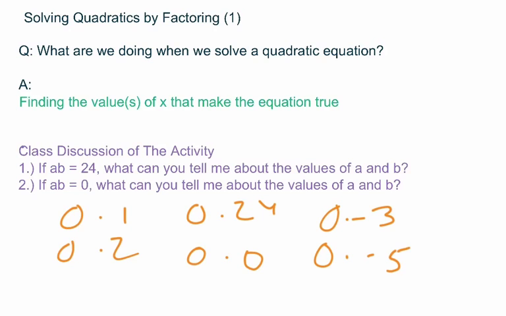You could narrow it down, but we can't know for sure if that's all we have to go on. If the product is 0, however, I know with 100% certainty that one of those numbers has to be a 0. And it could be both, but at least one of them has to be 0. And that makes the number 0 my favorite number because it has this unique property.